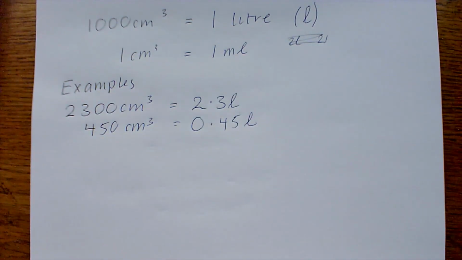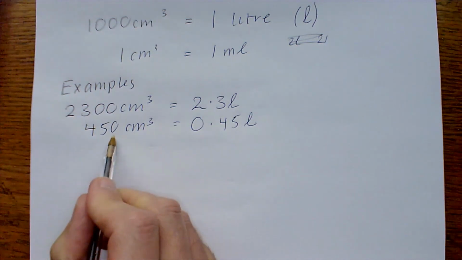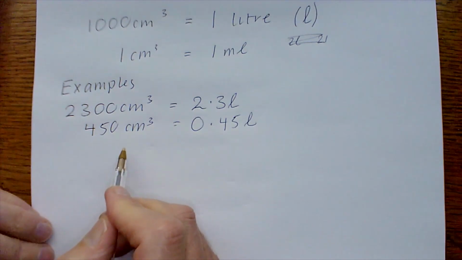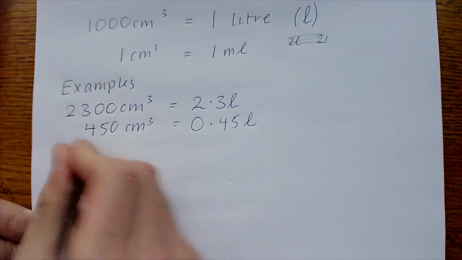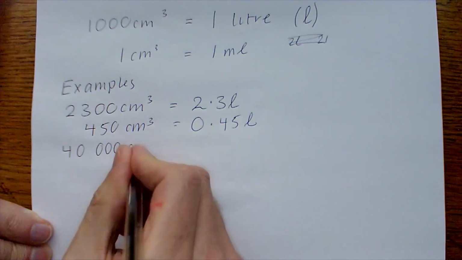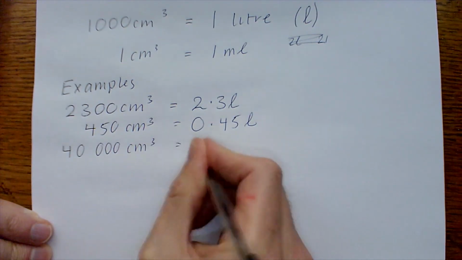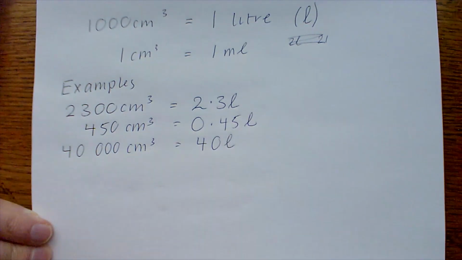Remember, you don't need to have the extra zero there. It's not wrong if you put it, it's just not necessary. And if something was 40,000 cubic centimetres, that would be obviously 40 litres.